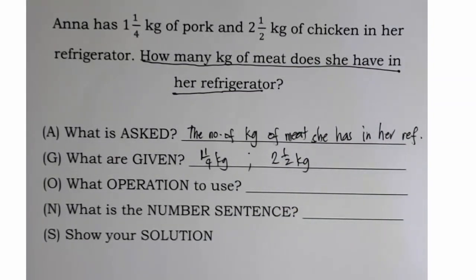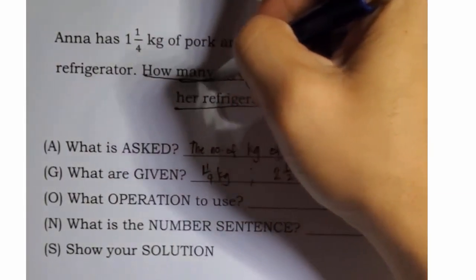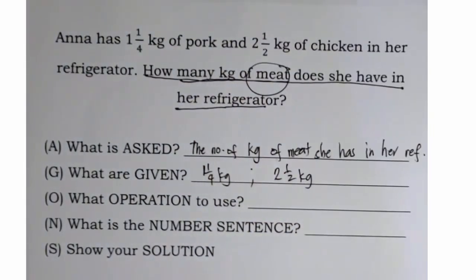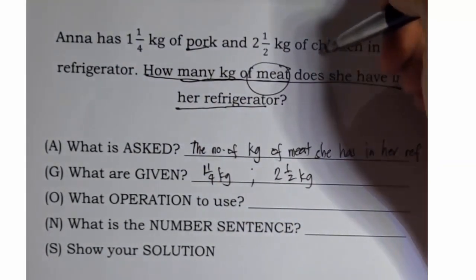Next, let us know what's the operation to be used in this problem. But let us first look at the word clues that might help us in solving this problem. The question is, how many kilograms of meat does she have in her refrigerator? In this problem, we do have a word clue, which is how many kilograms of meat. So we do have two meat here, that is the meat of the pork and the meat of the chicken.